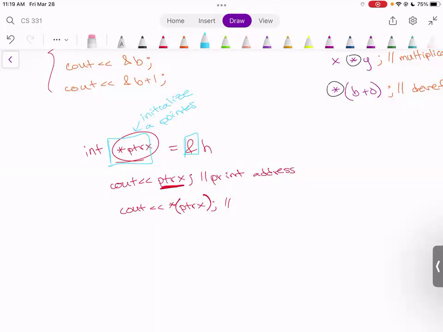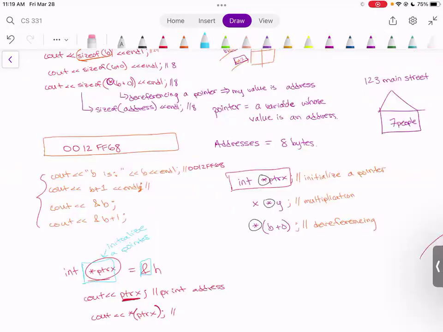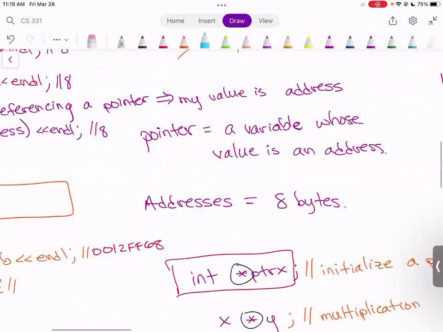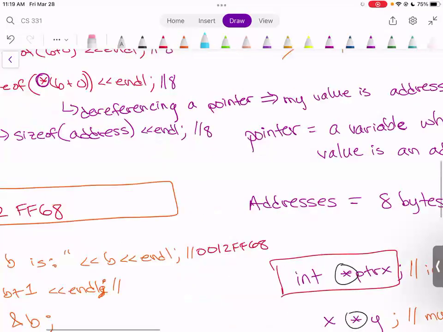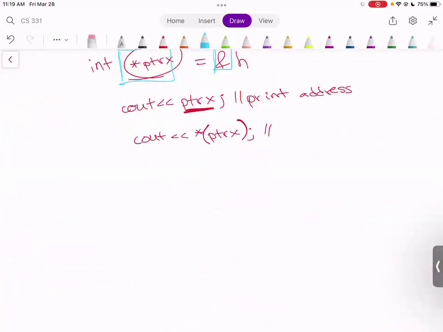Because remember, a pointer is a variable whose value is an address. Yeah, and then if you put the star before it, it just prints out the number that age is equal to, right?